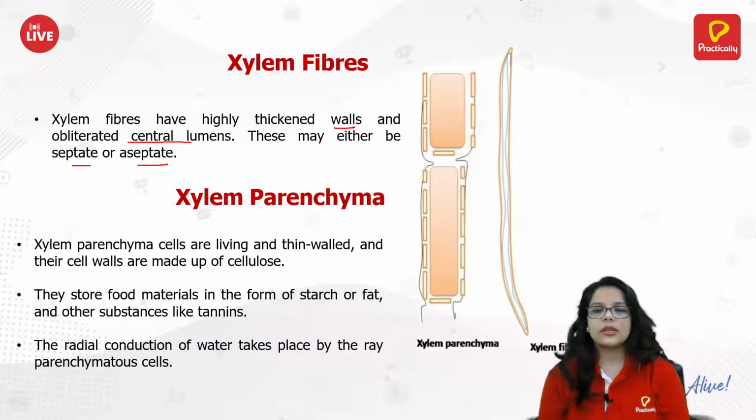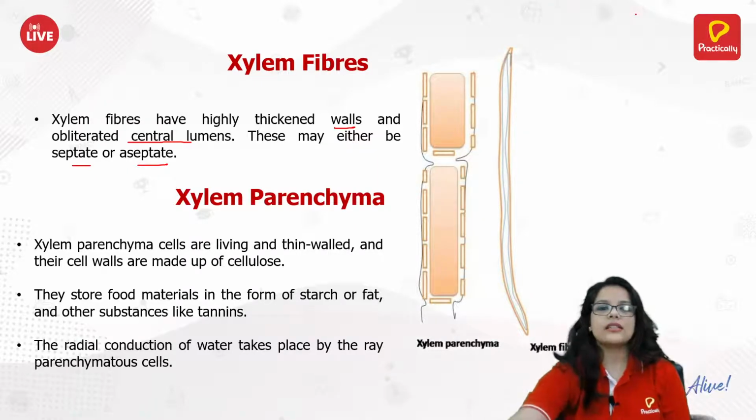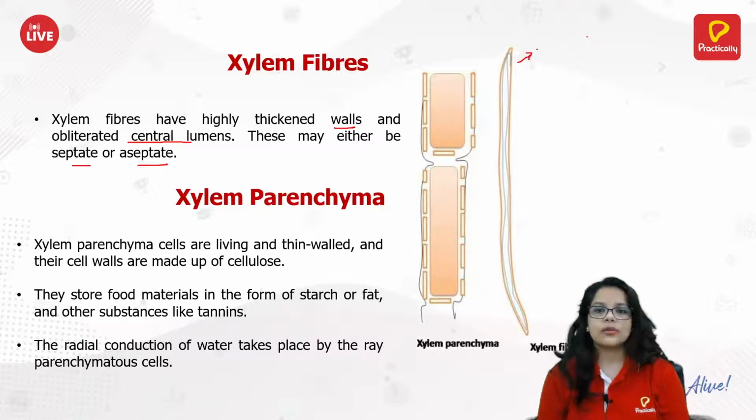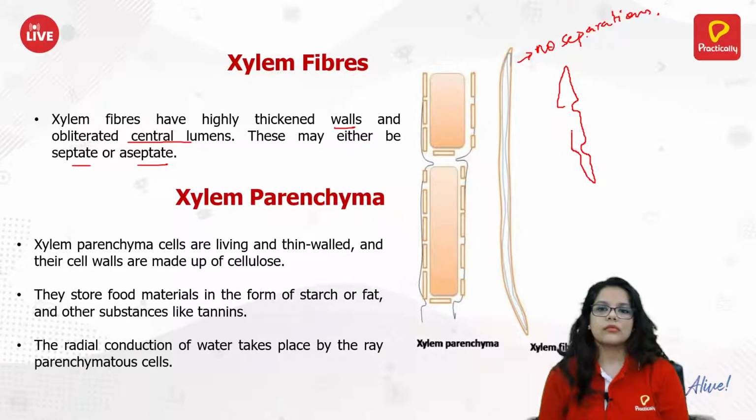They might be aseptate, like this, with no separations, or they might have septa to separate them, like this.